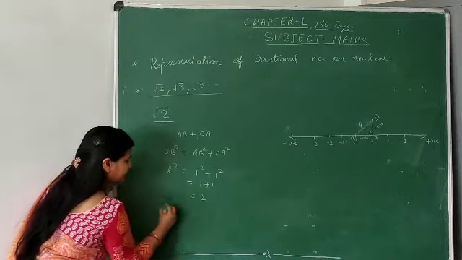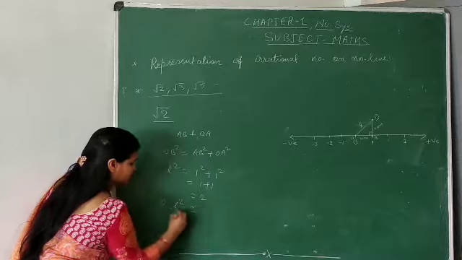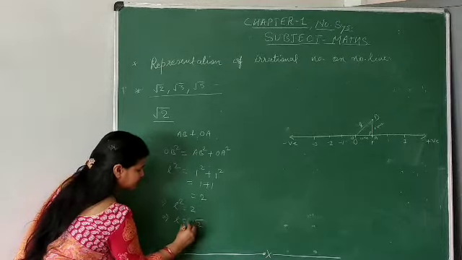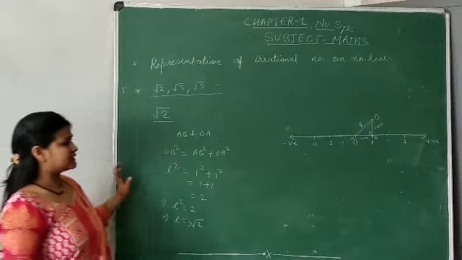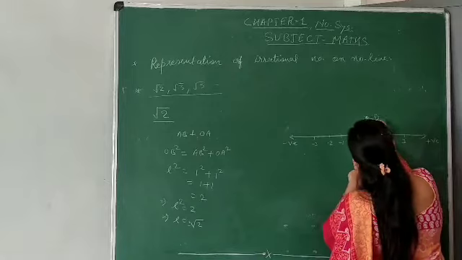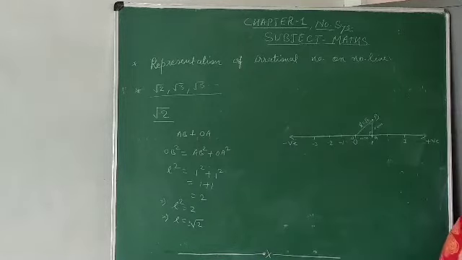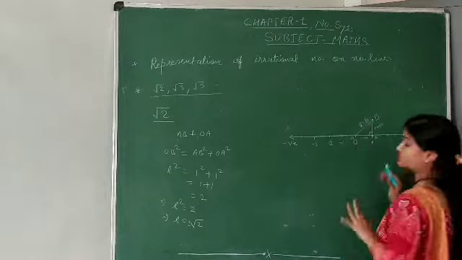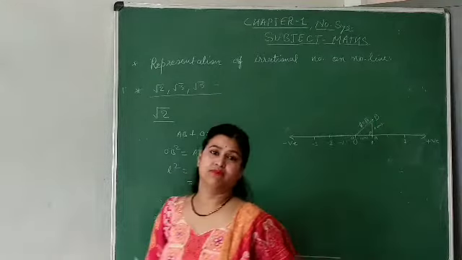This means L square is equal to 2. So L is equal to under root 2, plus or minus. We take only the plus sign. So here L is equal to root 2. So the distance of OB is root 2, but it is not on the number line.